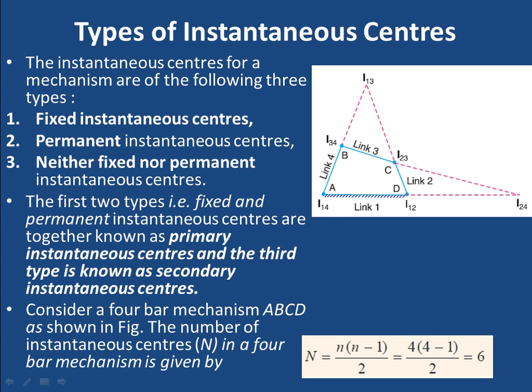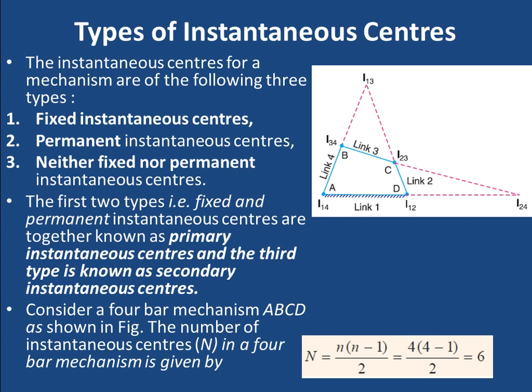Let us consider AB as link 4, BC as link 3, and CD as link 2. Refer to this figure. In this case, there may be a fixed instantaneous center, or a permanent instantaneous center, or it may be neither fixed nor permanent.